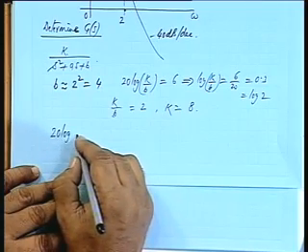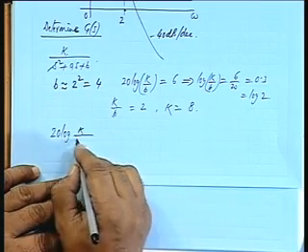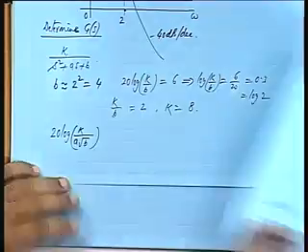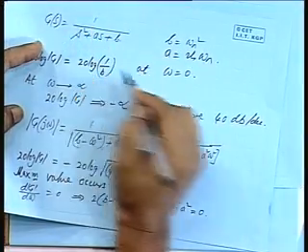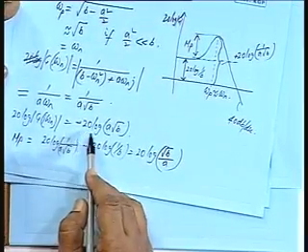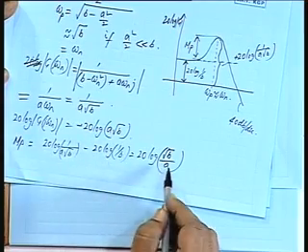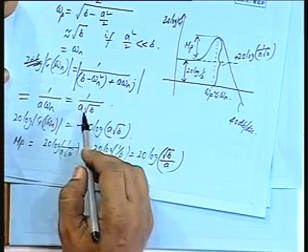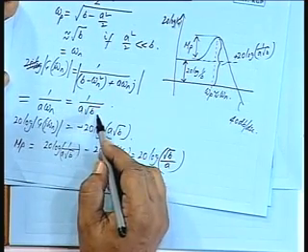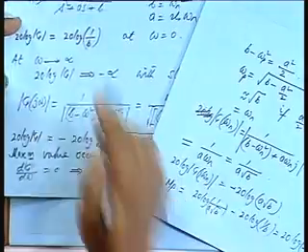So 20 log of k by a root b, instead of 1. It was 1 and the maximum was obtained as 20 log of a by g j omega n. This maximum was 1 by a root b. So if there is a k, it will be k by a root b. Instead of 1, if I had k here, then this would have been k by a root b.